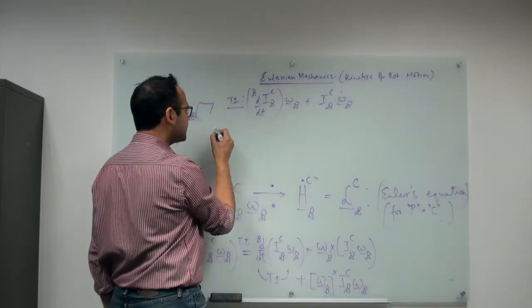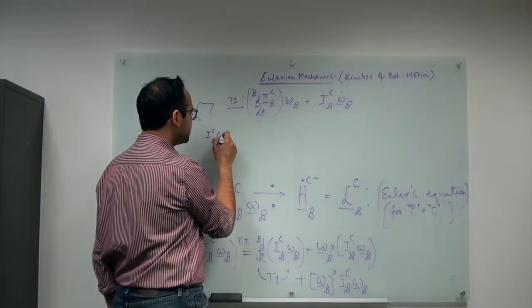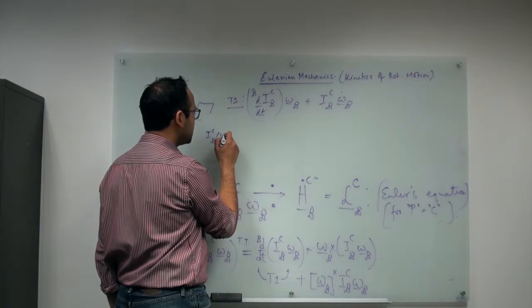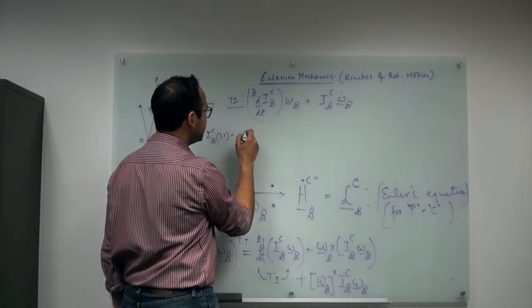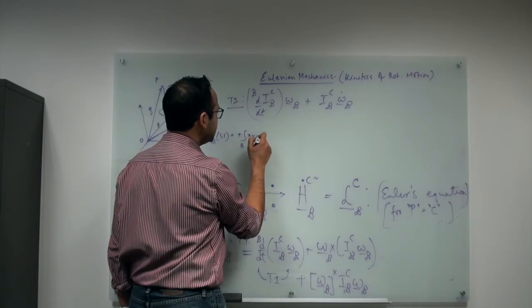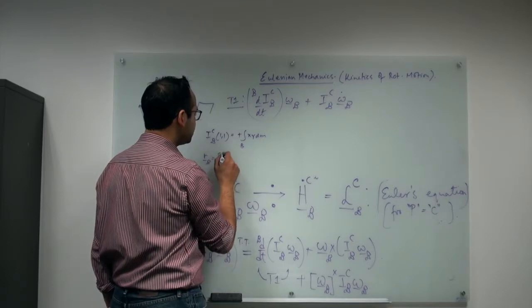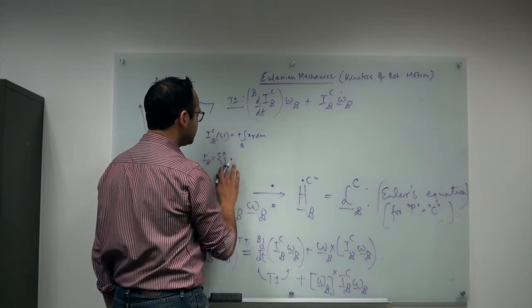For example, I C B, the term 1 comma 1, is the integral of xy dm. Remember, xy were the coordinates of the arc vector.